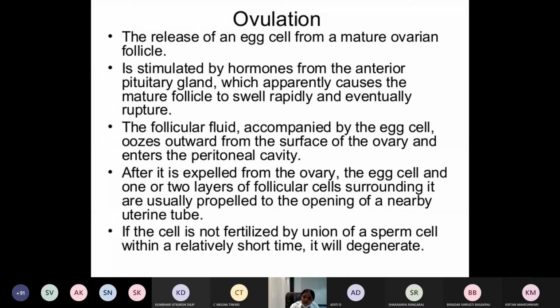The follicular fluid accompanied by the egg cell oozes outward from the surface of the ovary and enters the peritoneal cavity.